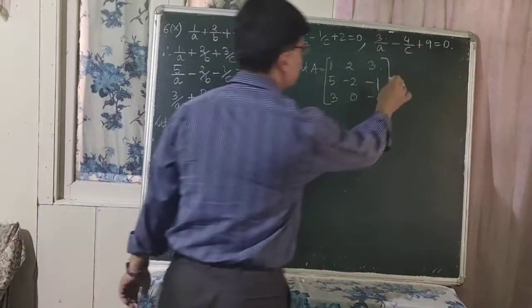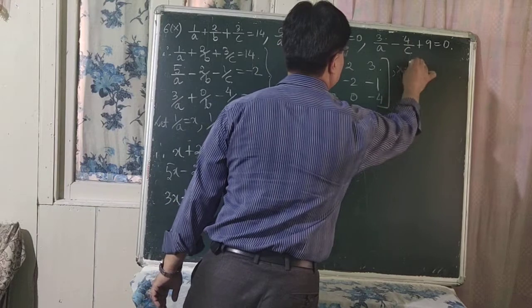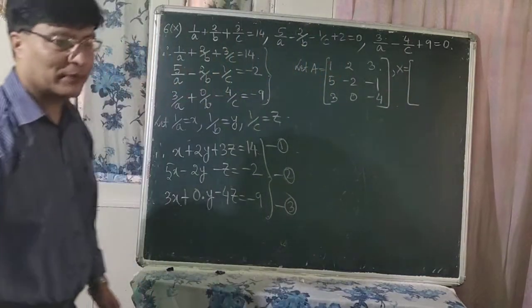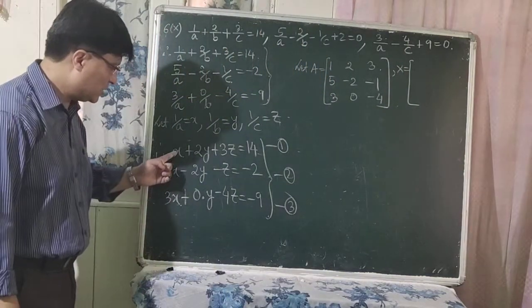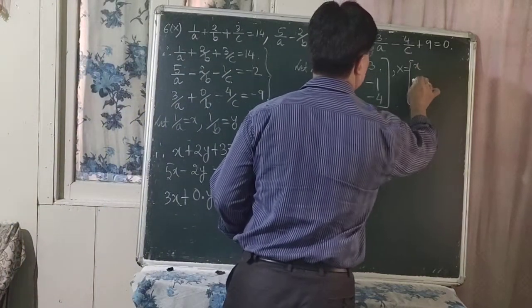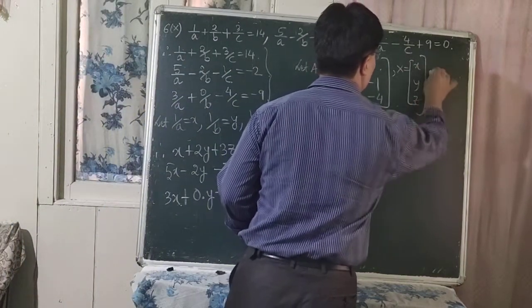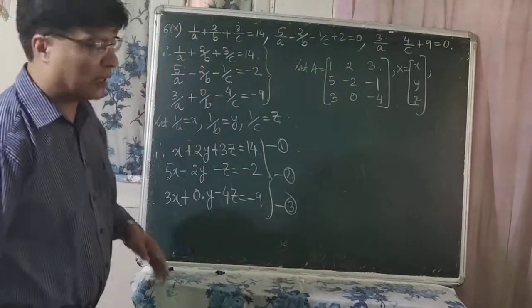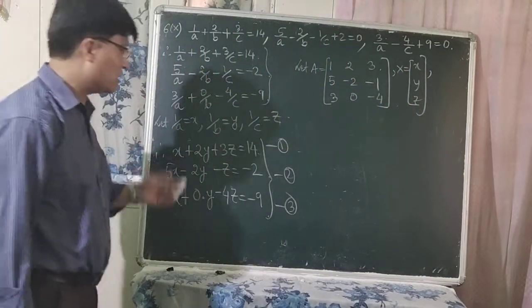And next, what is the unknown matrix X out here? It is x, y, z. This is the unknown matrix X. And what is the constant matrix in this case?